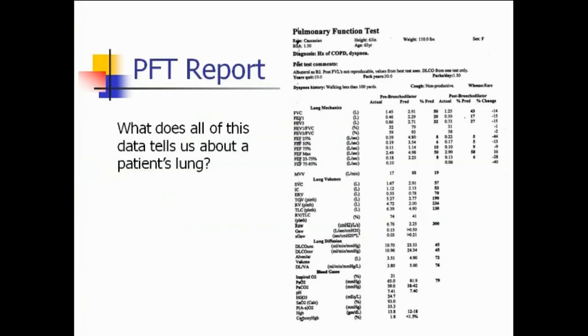So this is a typical pulmonary function report. A lot of numbers, that scares a lot of people. So let's take a look at this first box, lung mechanics, and you can see there's actual and predicted measurements, pre-bronchodilator, and then the second group is post-bronchodilator, actual, percent predicted, and the change.